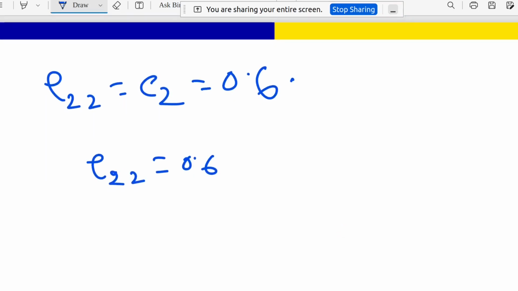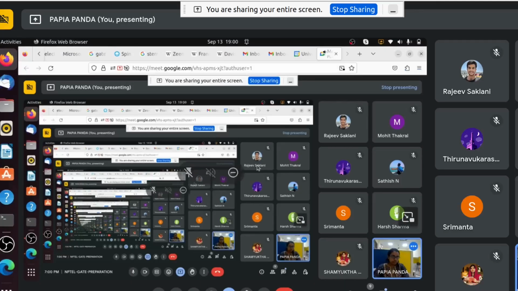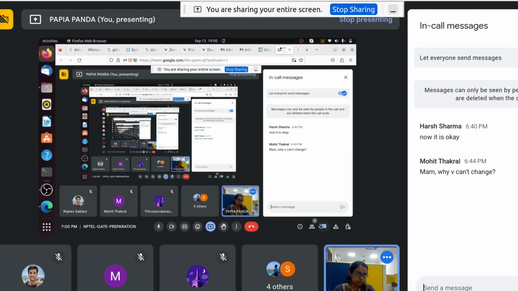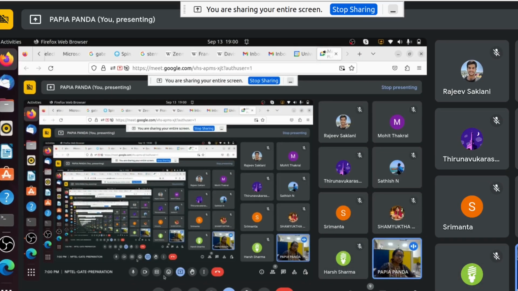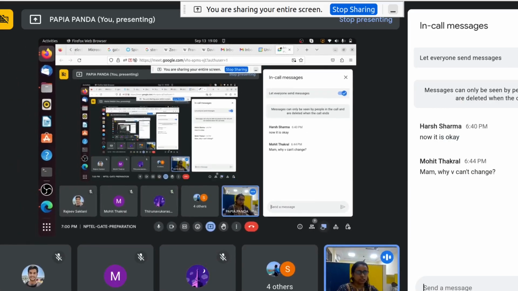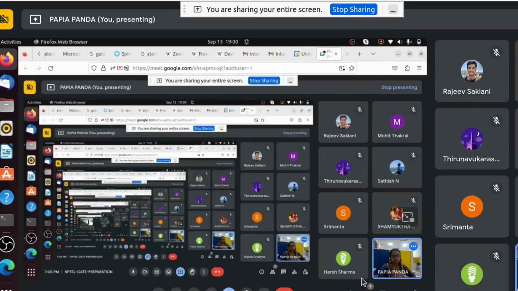Okay, so is there any other question? Yeah, V is a scalar, so that's why it is not changing its sign under parity. Okay, so I think it's already mentioned previously.